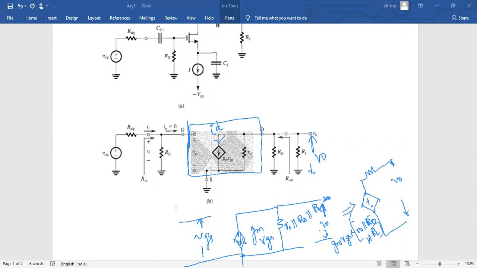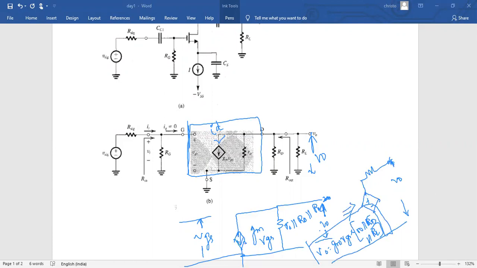This is your V naught, because this is open, so the current will be 0. So your V naught is represented by this. This is nothing but GM into VGS into R naught parallel with RD parallel with RL. This is your V naught.